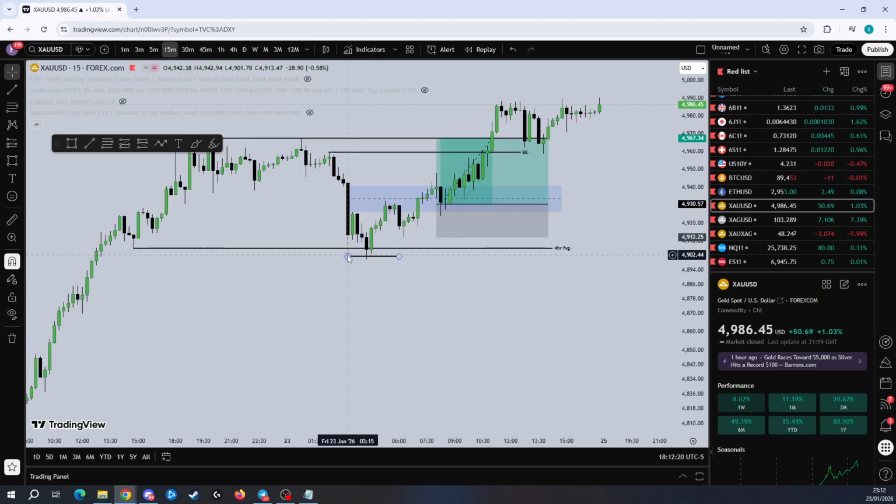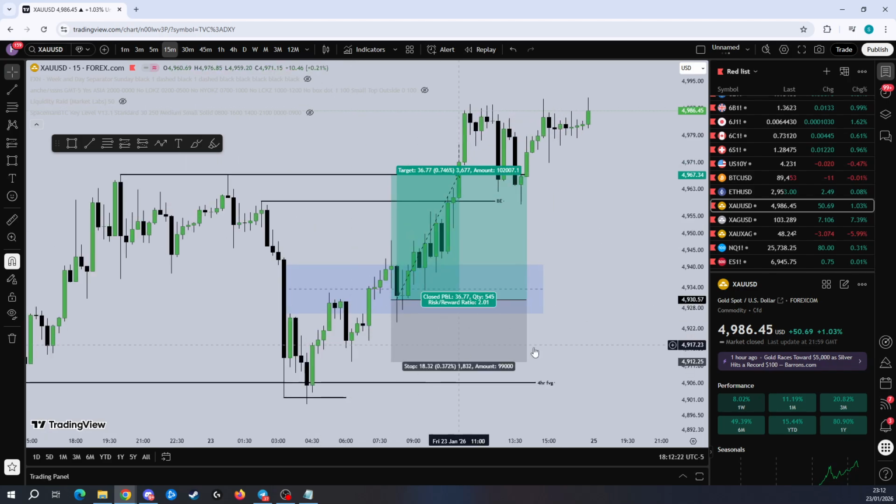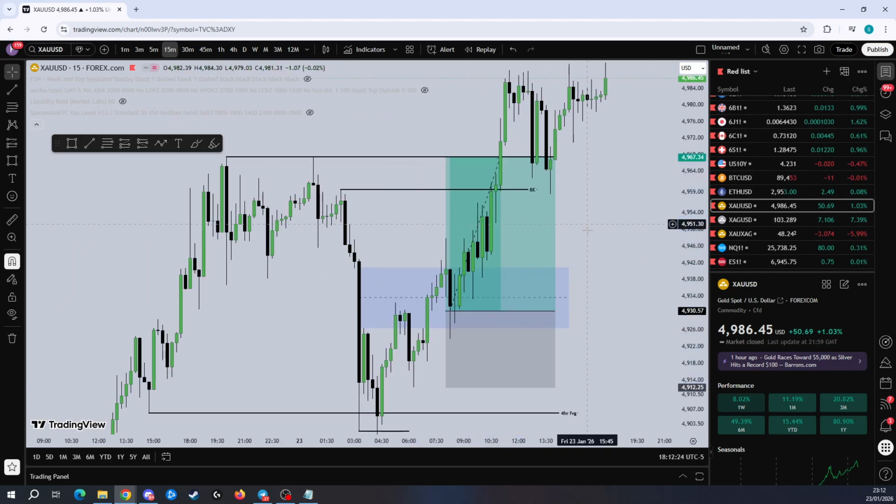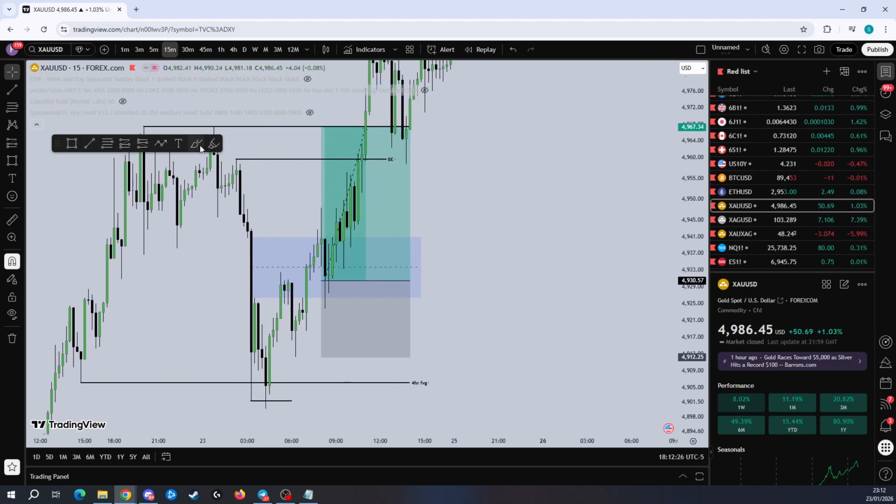We had this low, swept the low twice, which is the pattern that I usually like to see when I'm looking for reversals. Price initially takes out a higher time frame low into the key level, retraces higher, takes out the low again, and then we get that breaker formation. You can even long the breaker, but unless I have some high conviction, I don't really long the breaker.